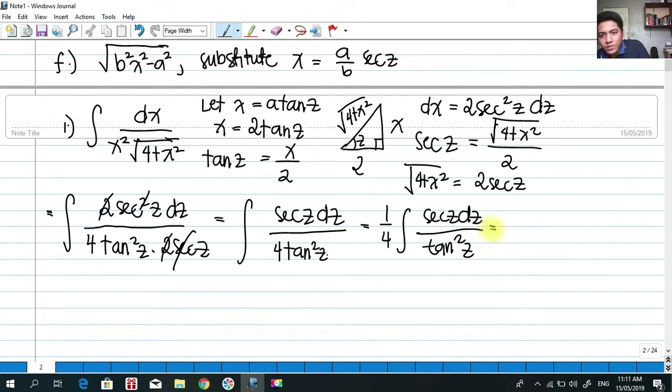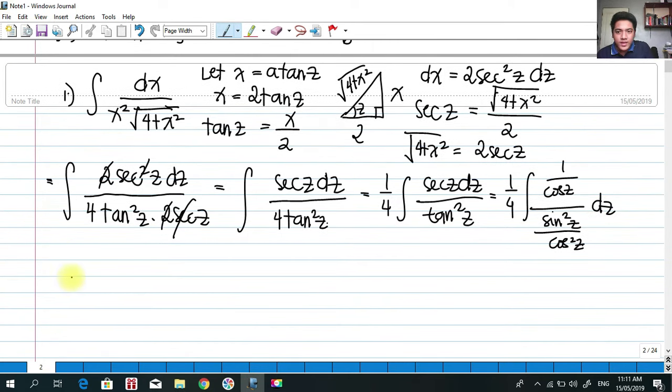If we simplify that, we have 1/4 the integral, where secant z is 1 over cosine z by the reciprocal identity, and tangent squared z is simply sine squared z over cosine squared z, still with dz. If we get the reciprocal of the denominator and perform multiplication, we get 1 over cosine of z multiplied by cosine squared z over sine squared z dz.